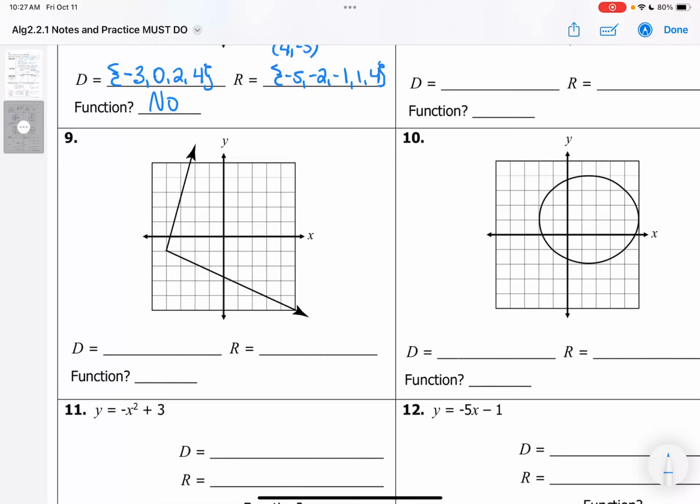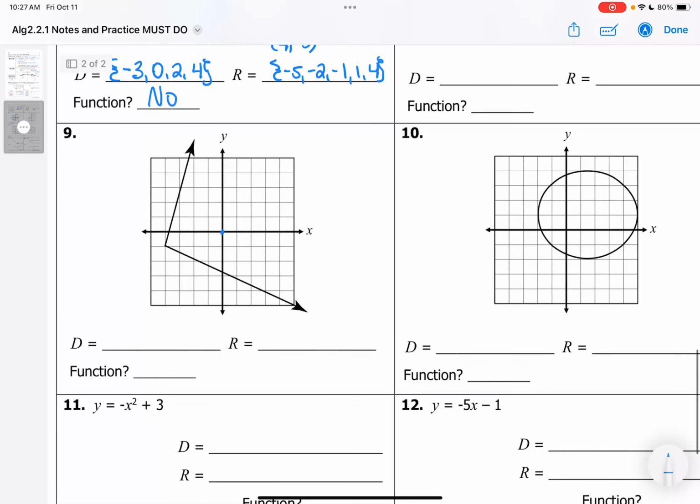Let's look down here at number 9. So on this, we're going to say the domain is, here we've got x, 1, 2, 3, 4. So this is -4, and then the y value is -1.